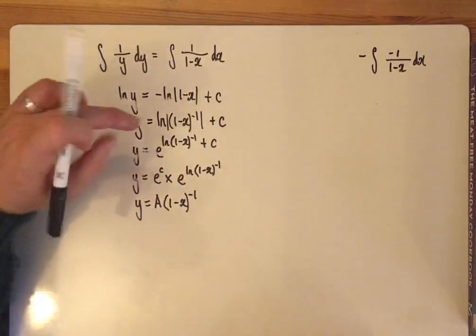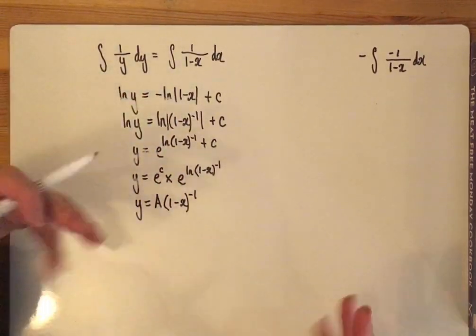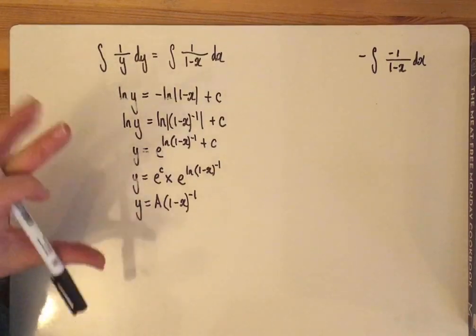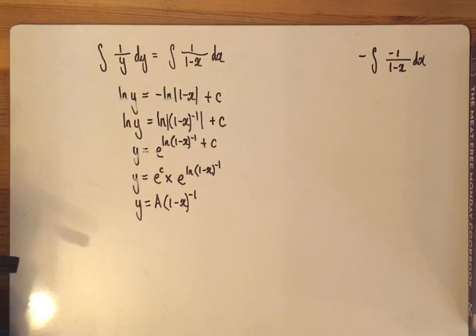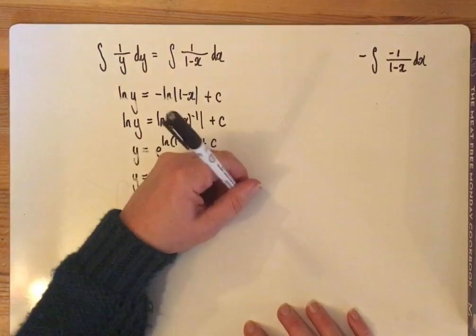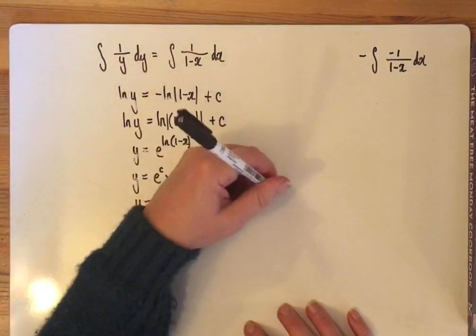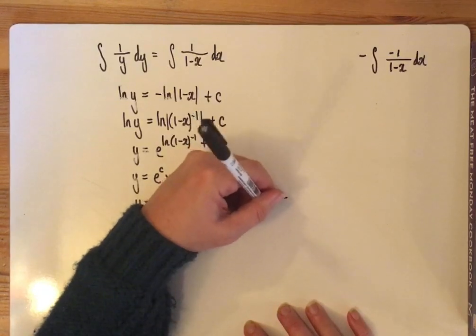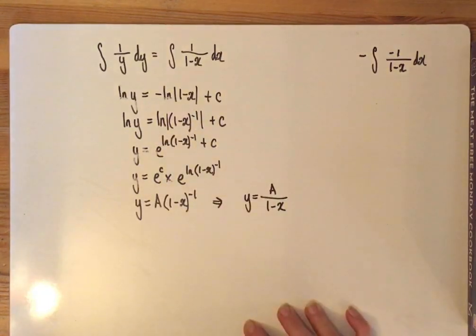Don't get too bogged down with this modulus. It'll all come out within the domain that you're given, so don't start overly worrying about that. You'll just get yourself into a tangle. You might prefer this written as A over 1 minus x. I would much prefer that.